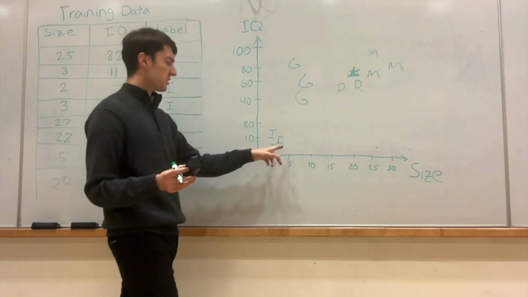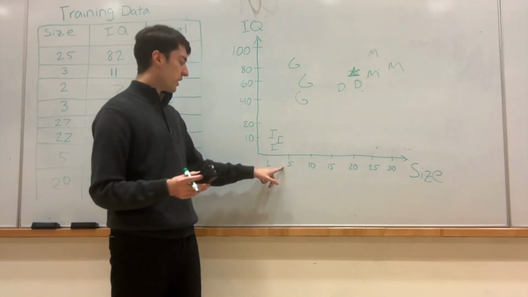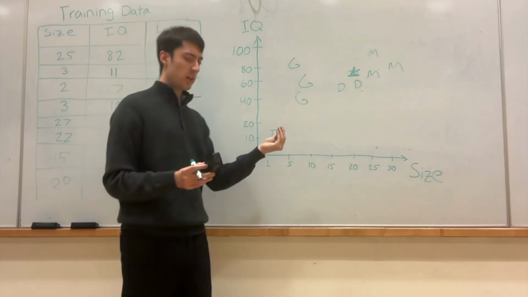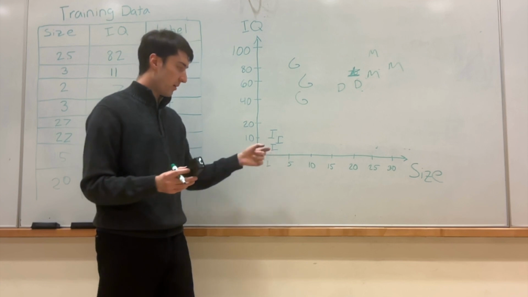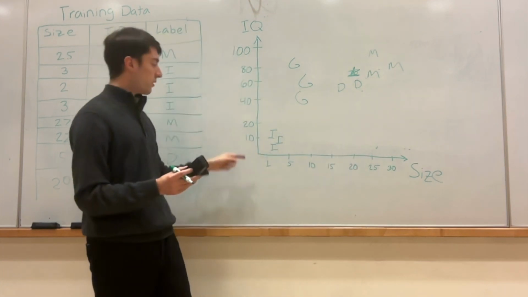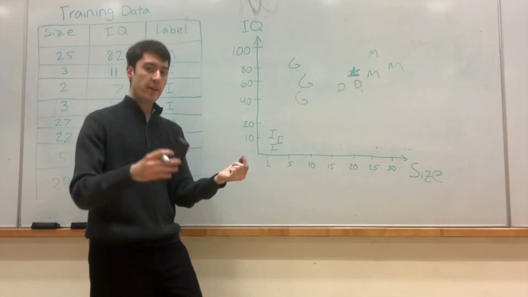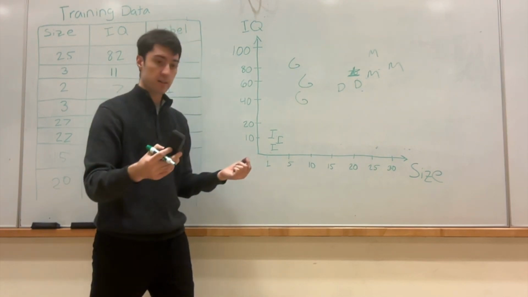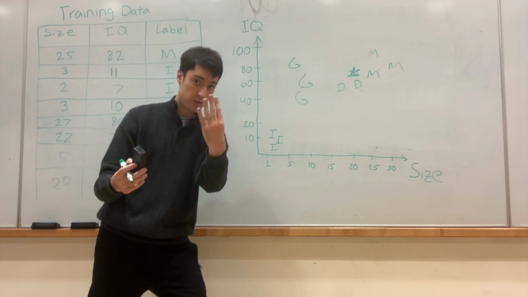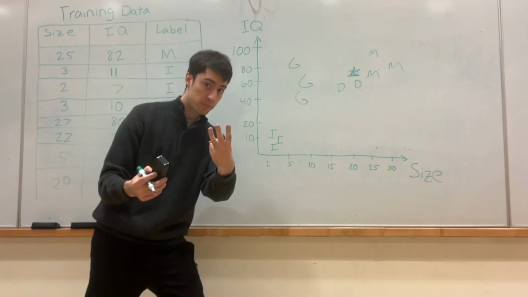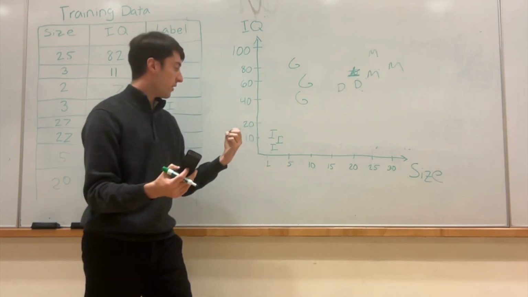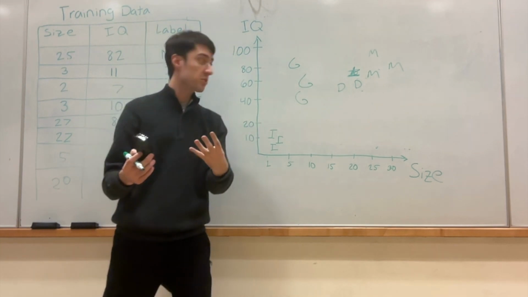Say, okay, well, this insect has a size of this, an IQ of this, and a speed of this, right? It's going to have 1 input, 2 inputs, 3 inputs, and then as output, it's going to have a class, which is insect. So it has 4 dimensions. Does that make sense? 3 inputs, size, IQ, and max speed, and then 1 output, which is its class.